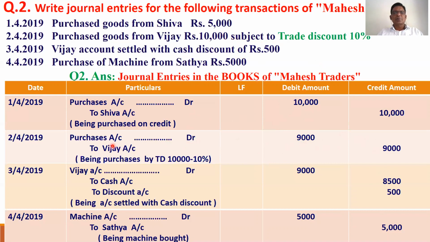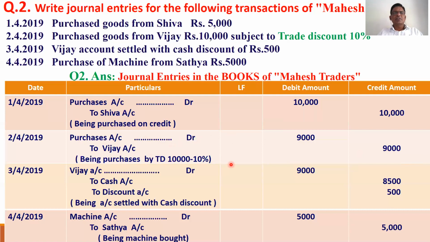So the 9,000 purchase account is debited because goods were purchased, and Vijay, the giver, is credited. The entry is purchase account debit to Vijay account, being purchase of goods. You have to understand what trade discount is: the discount given on the catalog price.